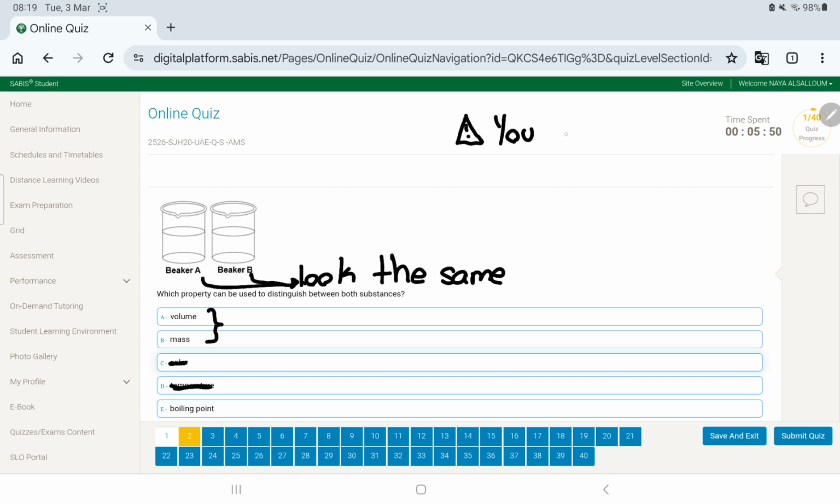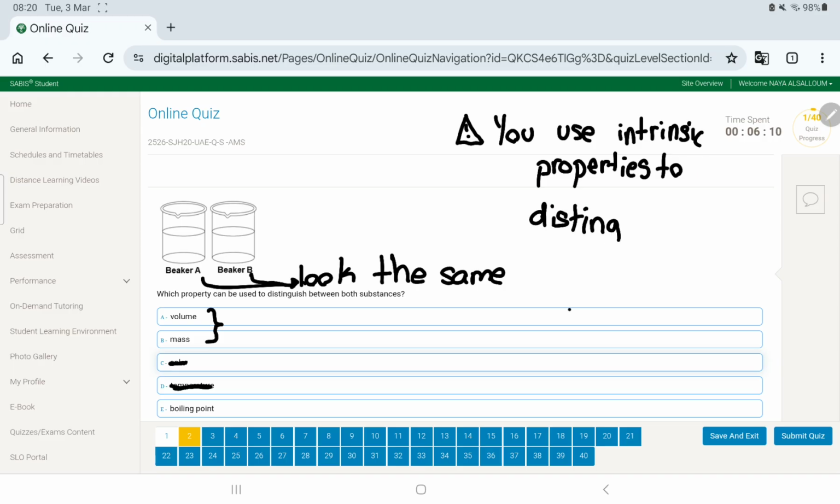You use intrinsic properties to distinguish two substances.